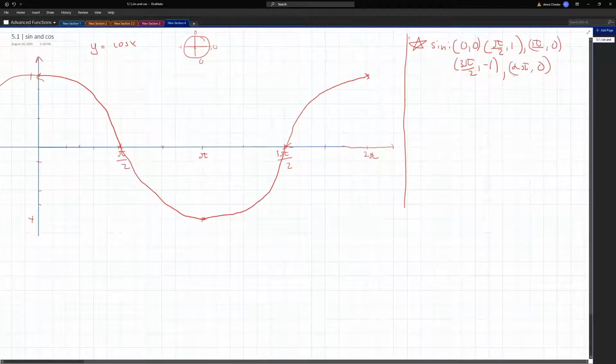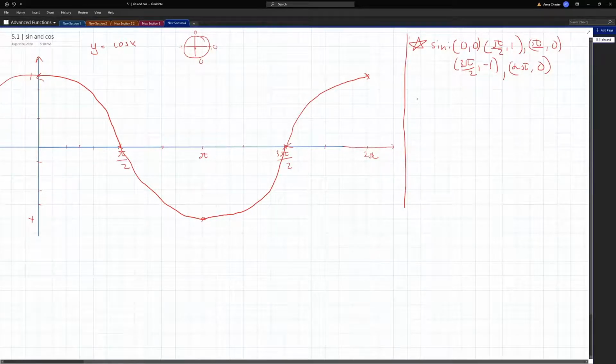So every factor of pi will be a 0, and I would say the first factor of pi over 2 would be positive, and the second factor would be negative, and that would keep alternating.